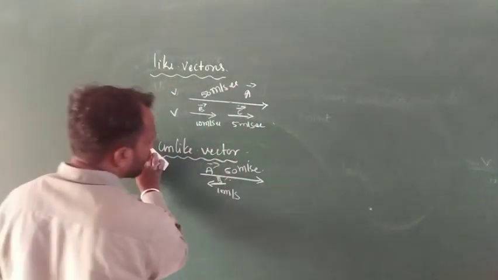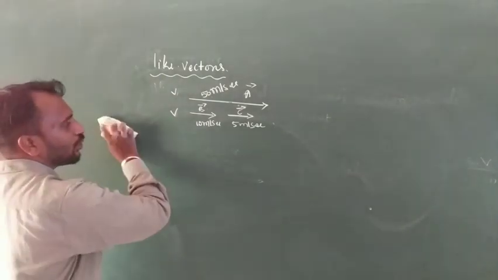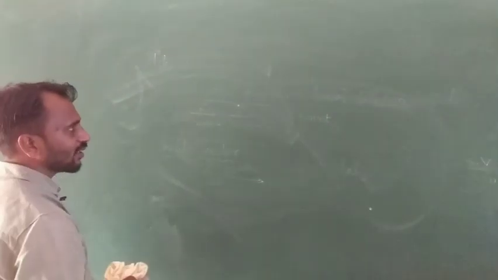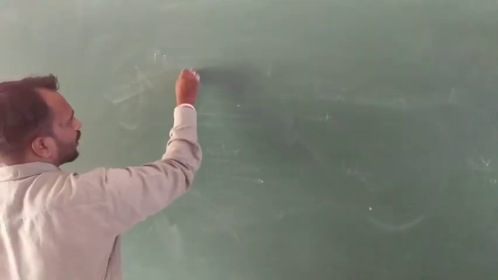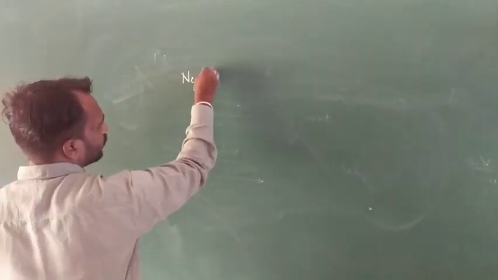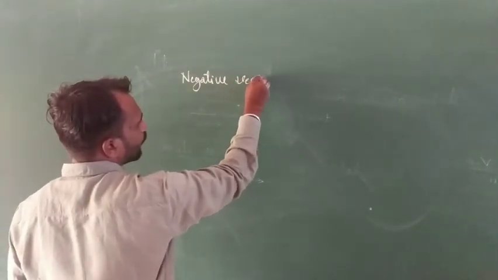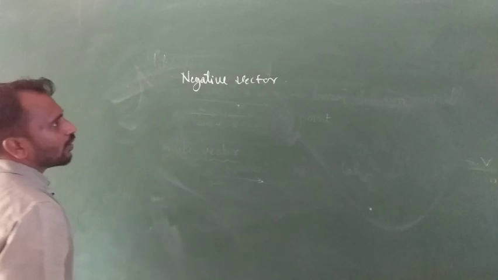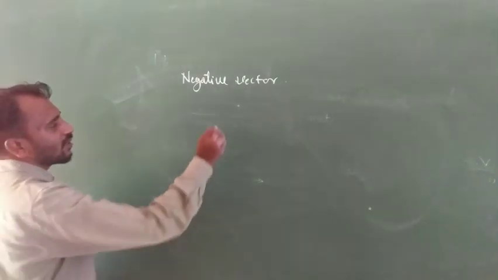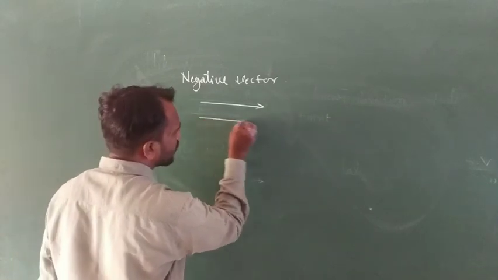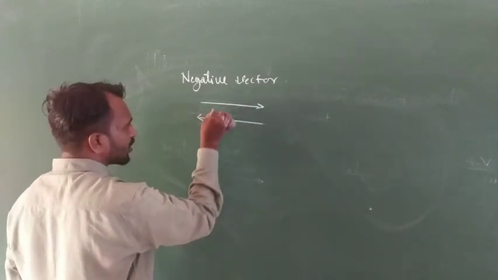Okay, so next one we consider negative vectors. This one is unlike vector, next one is a negative vector. So negative vector means, here we consider two vectors both parallel to each other.